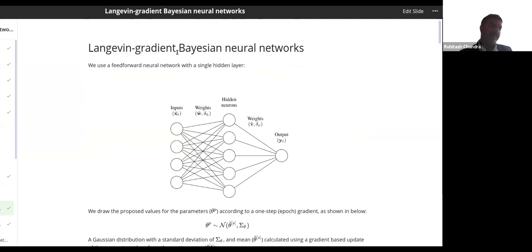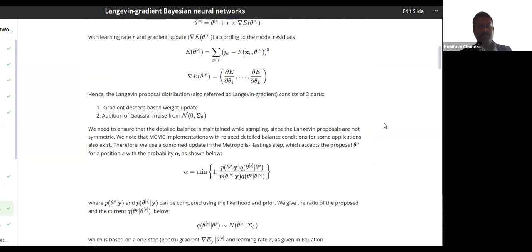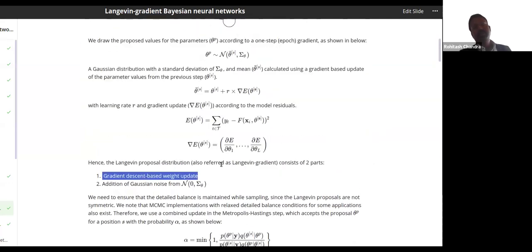A Langevin gradient is a proposal distribution. It is similar to a random walk proposal distribution, which is Gaussian noise, but then it uses the gradients.